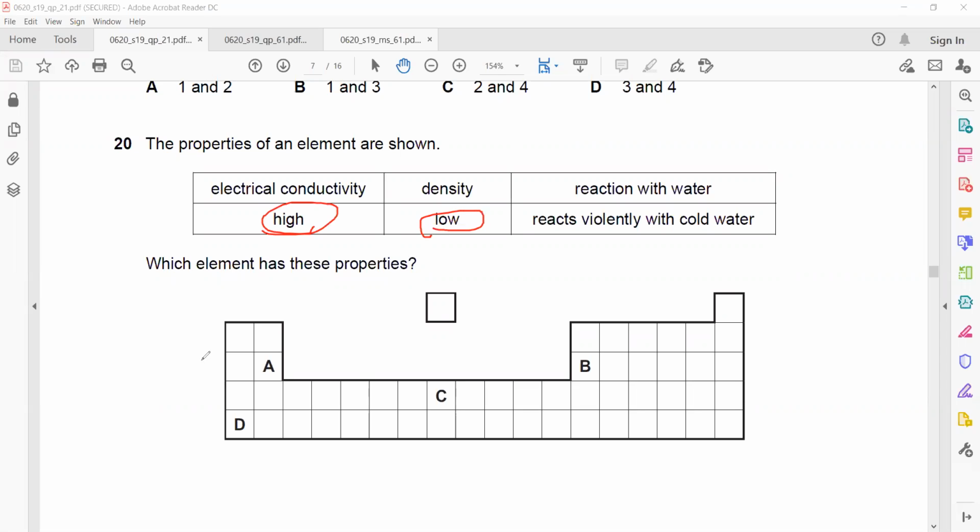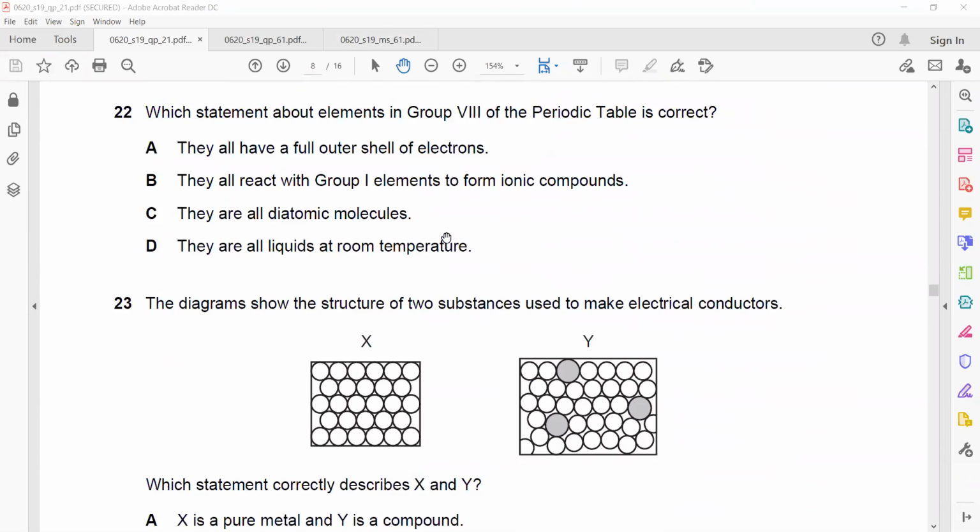For group 1, the density is low compared to others, and there is a violent reaction with cold water. So that's why D is the correct answer. Then question 30.